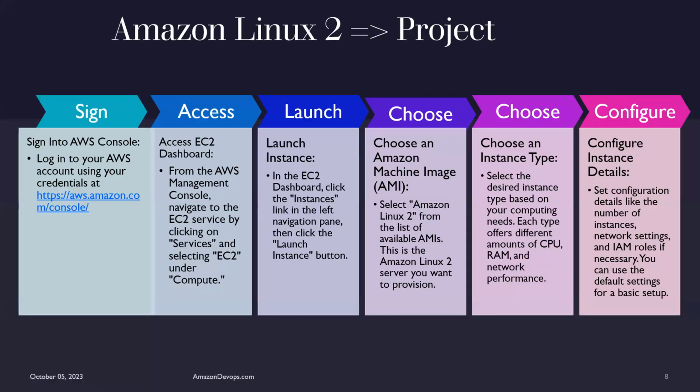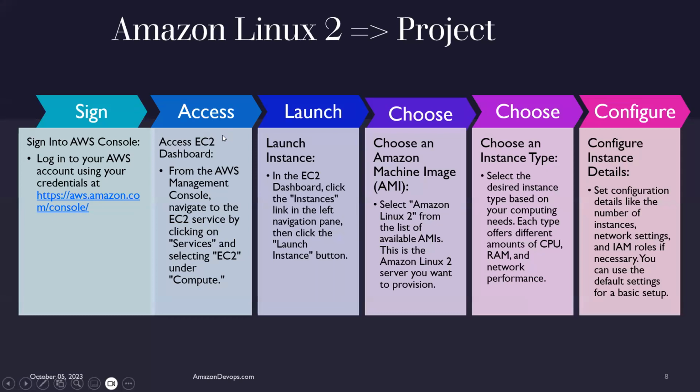Now, these are just the steps that you need to follow. These steps are very clear. You need to follow these steps to be able to launch your instance. The first thing is that we must sign into the AWS Console. To sign in, we go to our browser and click on this link, and when we click on the link, it's going to open for us.